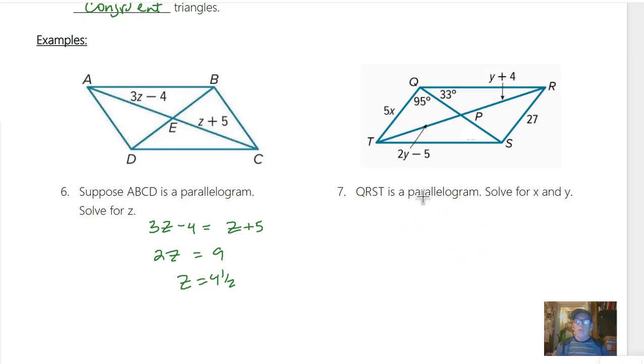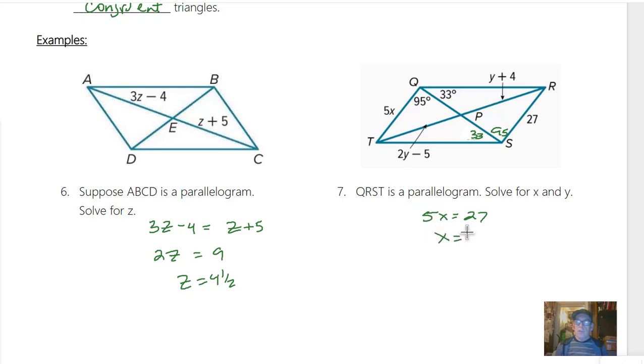Okay, here they're telling us we have a parallelogram. So we're going to have alternate interior angles. It's going to be a 33. This is going to be a 95. These 2 are going to be equal to each other. So we want to solve for x. 5x is equal to 27, since opposite sides are congruent.